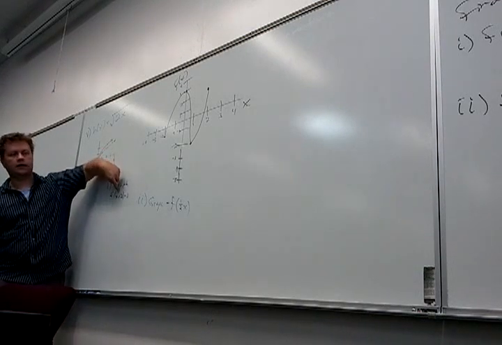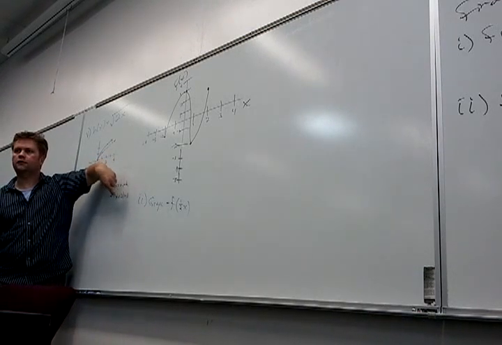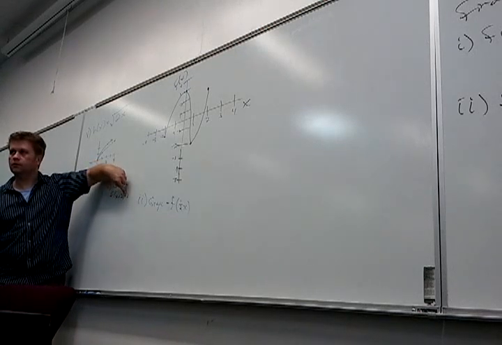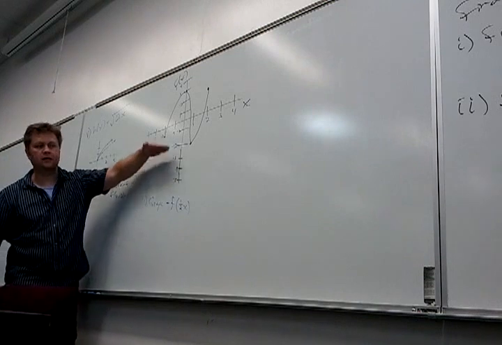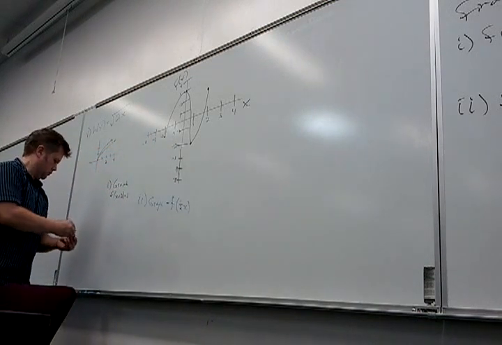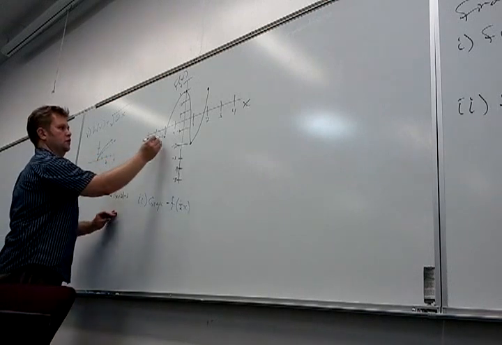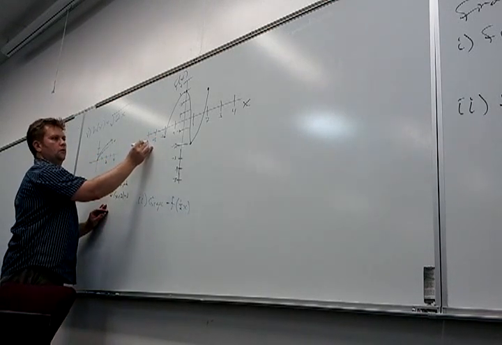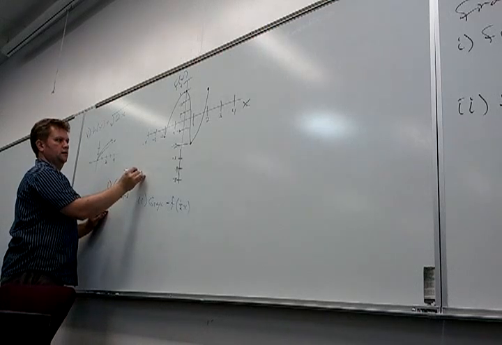Let me look at this first one here. What are the shifts involved here? Left 2, back 2, down 3. So you can see I had to adjust my stuff a little bit. Every single point's going to go back 2. So this one's going to go back 1, 2, then down 1, 2, 3.